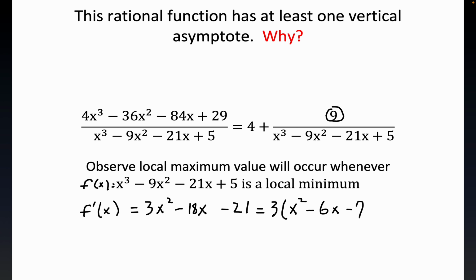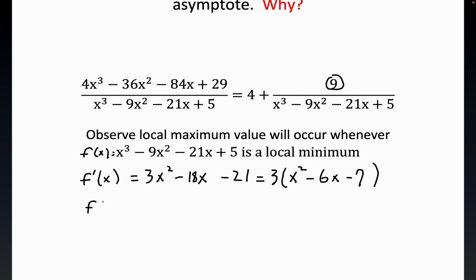Now, if we set f prime equal to 0 to find any horizontal tangent lines, which is where the local mins and maxes would occur, f prime of x equals 0. That would be 3 times, let's see, does this factor? I hope so.